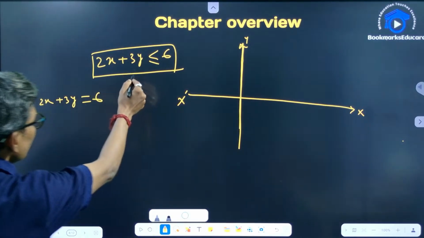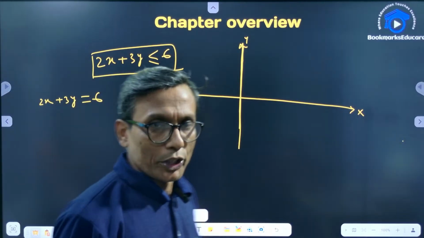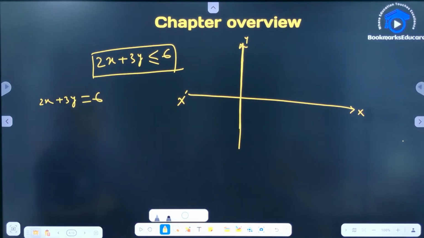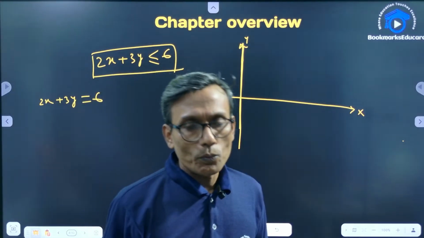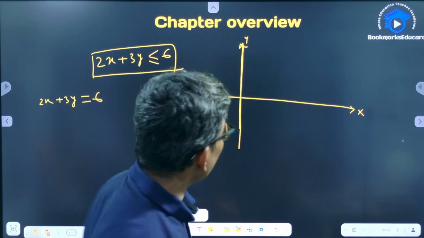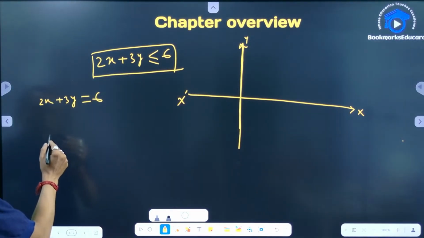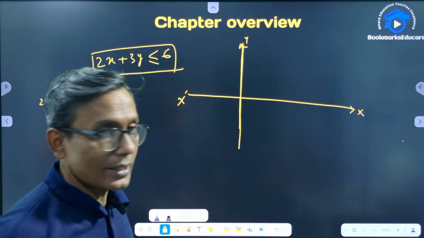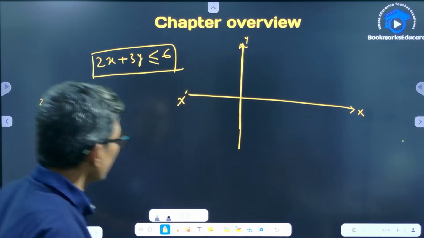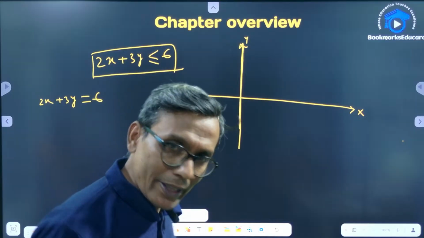So this inequation is now converted into a linear equation. Now the second step is we have to find at least 2 points of coordinates on the line to draw it. We have already learned about the straight line, so applying the intercept form, we can easily find 2 points of coordinates.